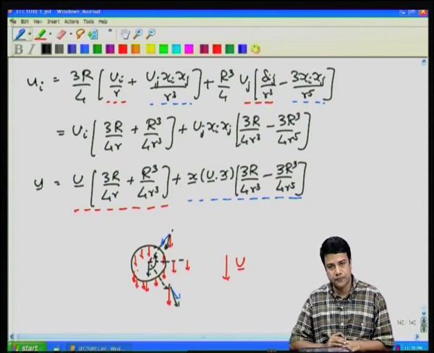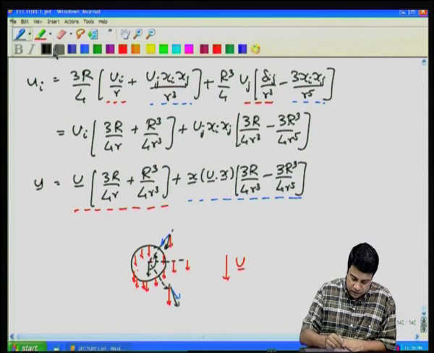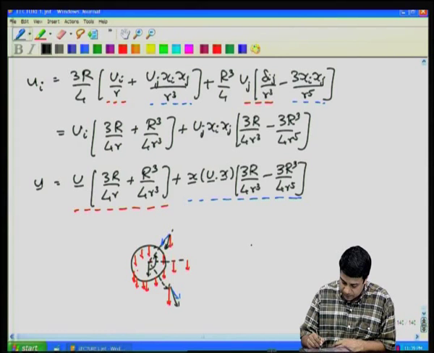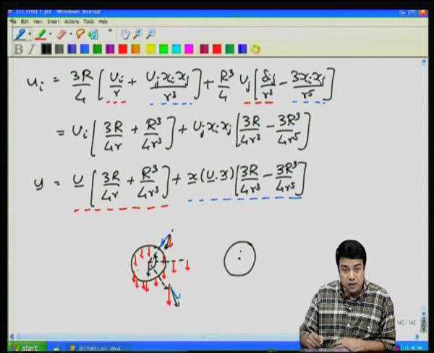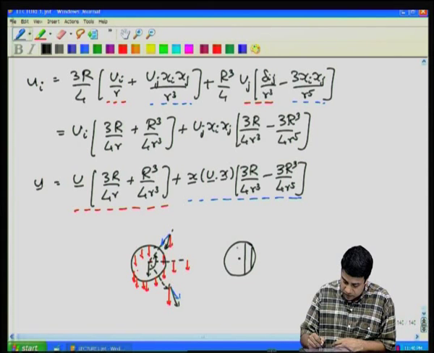Okay. So, if I plot it in terms of the velocity of the sphere, if I look at the fluid streamlines, what I will get is something like this. The solid sphere itself is moving at a constant velocity. So, the streamlines will all look something like this. Okay.